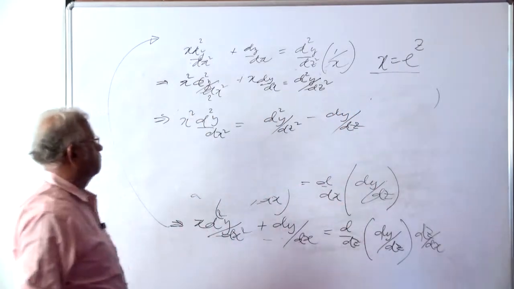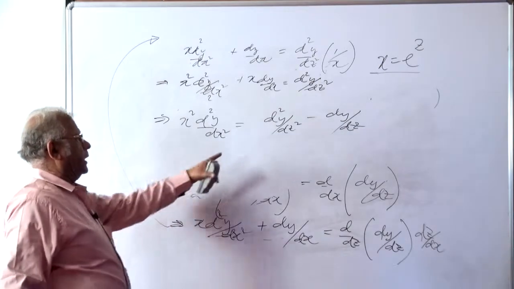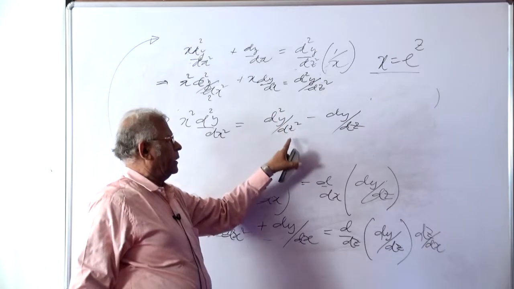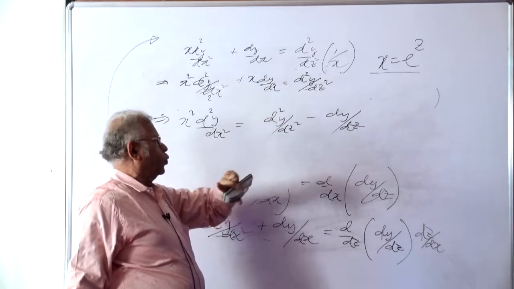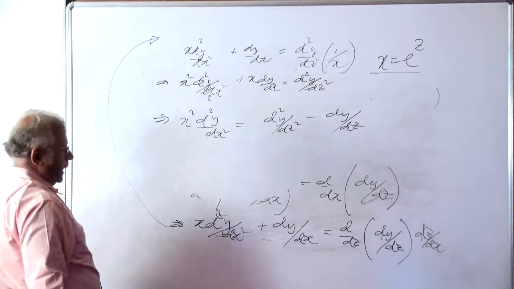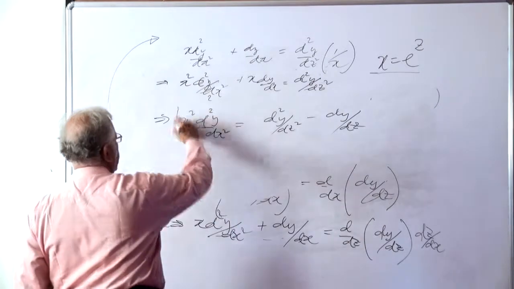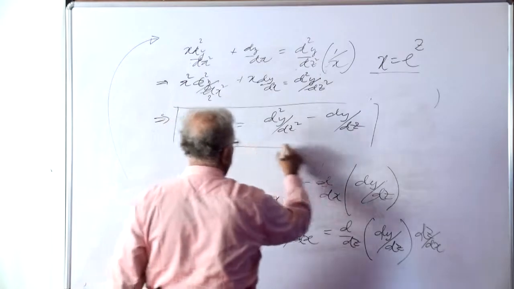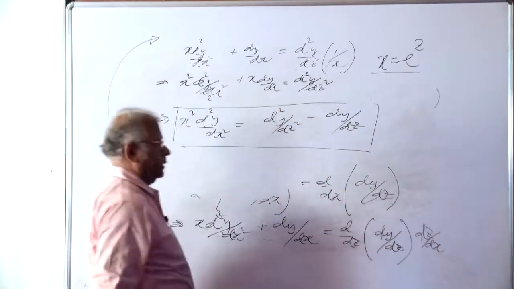That's it. So we see that here we don't have any z or y multiplying the dy dz and d2y dz2. So we again bracket this particular fellow in a box.